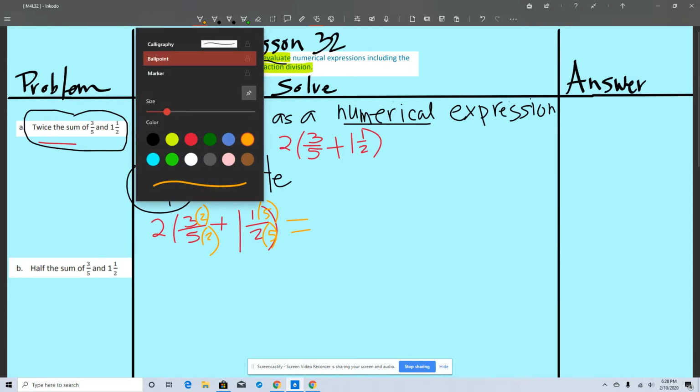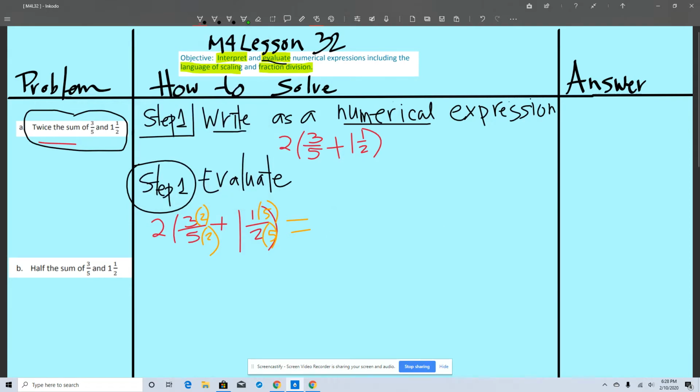Once we have that settled, then we start doing some of the mathematics. So we're going to rewrite the 2, because remember that 2 is outside the parentheses. We're just going to rewrite this 2 so it's a lot clearer. So we are going to rewrite it 3 times 2 over 5 times 2. And we have plus 1, the 1 next to them, and then 1 times 5 and 2 times 5.